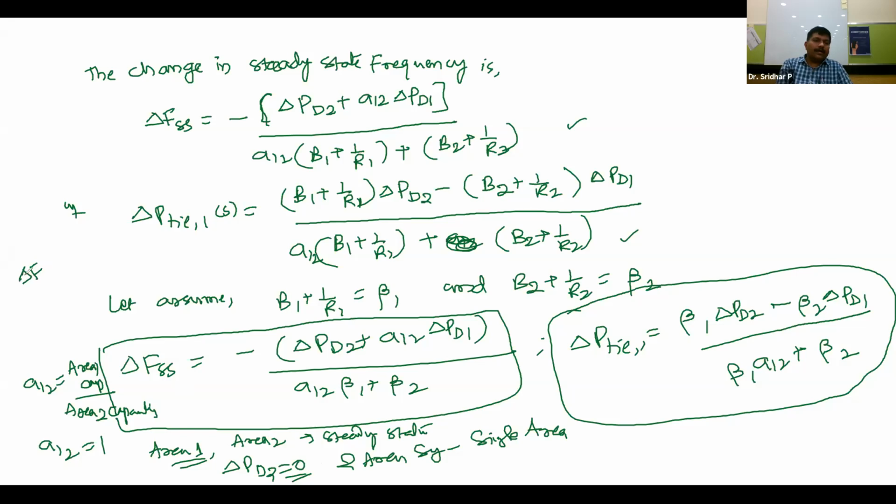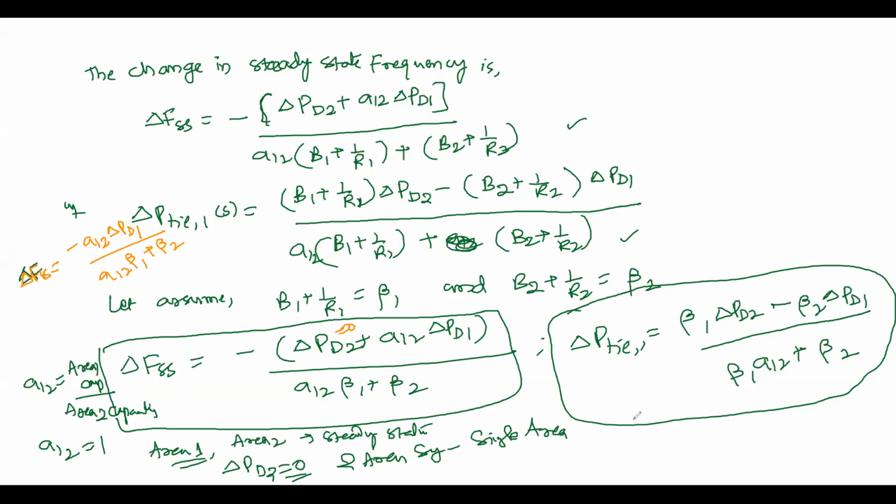Delta FSS is, with delta PD2 equal to 0 and PD1 definable, minus A12 into delta PD1 divided by A12 into beta 1 plus beta 2. Similarly, based on this, you can take some approximations.